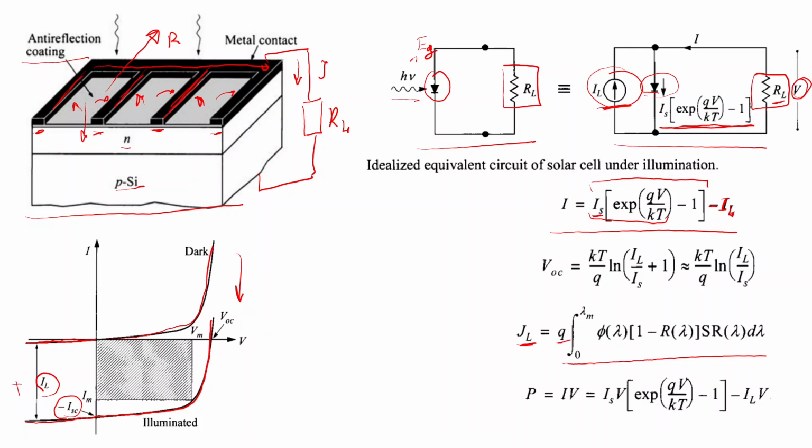So it's elementary charge times integral from 0 to lambda m, which corresponds to the band gap of the material, like the photon energy at this wavelength, which is still larger than the band gap energy. This is the total flux of photons at given wavelengths, monochromatic. This is the part of this flux which was not reflected, because it's 1 minus the reflection coefficient as a function of wavelength.